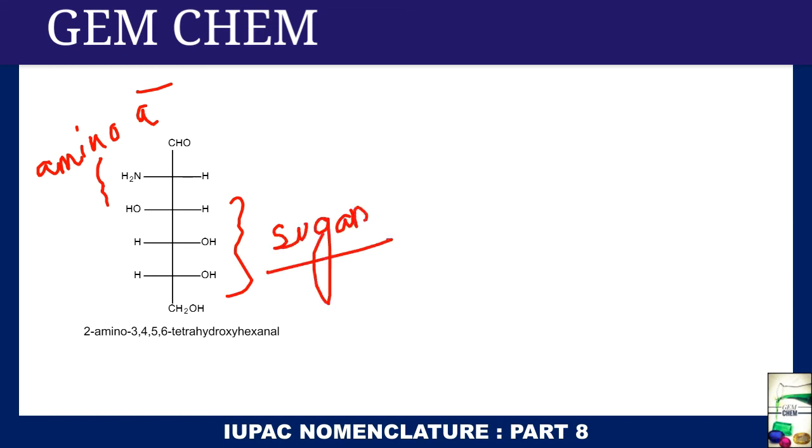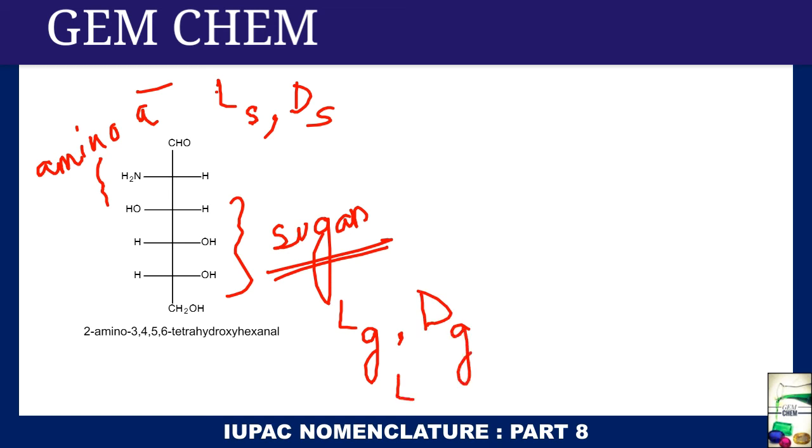So when we are writing nomenclature for amino acid, we write it as LS or DS, whereas for sugar it is LG or DG. It can also be written as LG or DG, and S also in capitals.